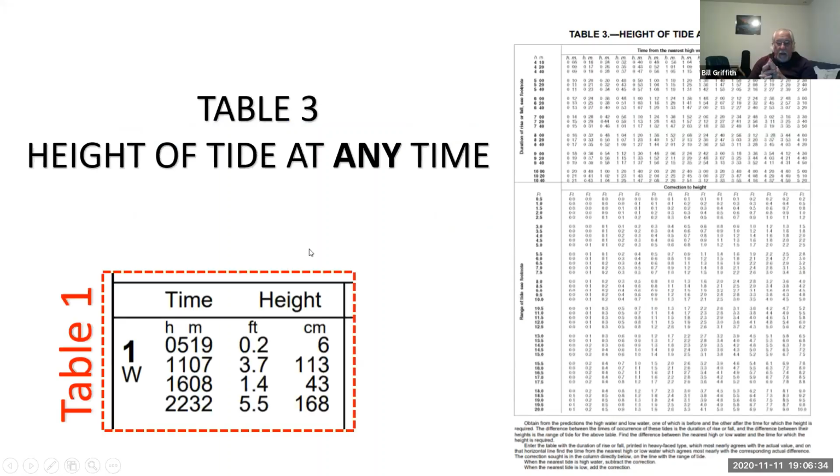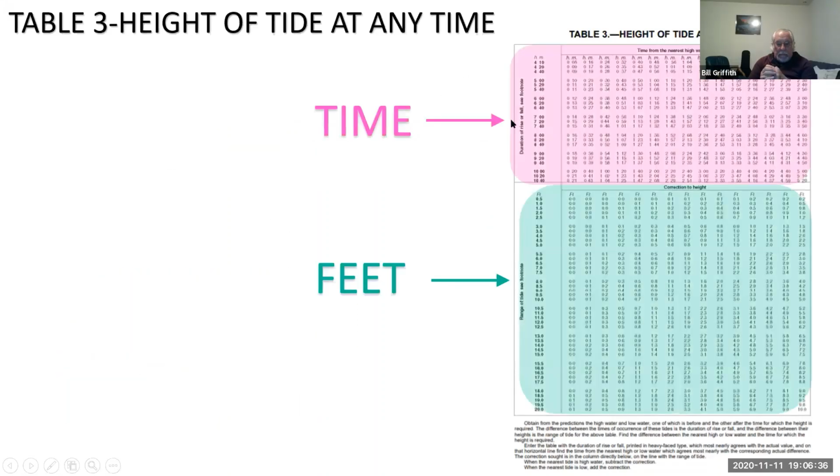Yeah, okay. So table 3, the top half here is all about time. The bottom is all about the actual height. We had those two values on our tide information: the time and then the height. Time and height, those are our 2 values.